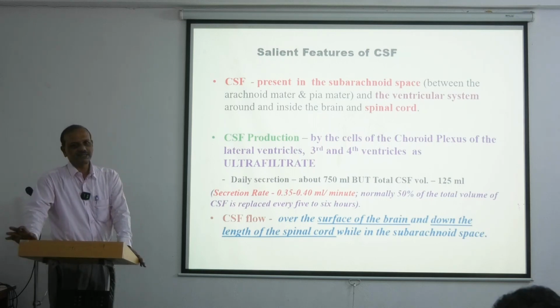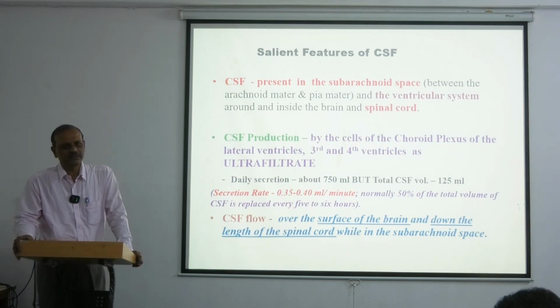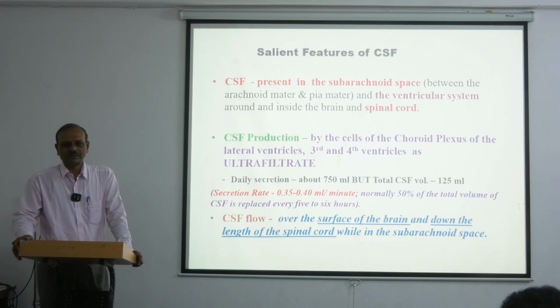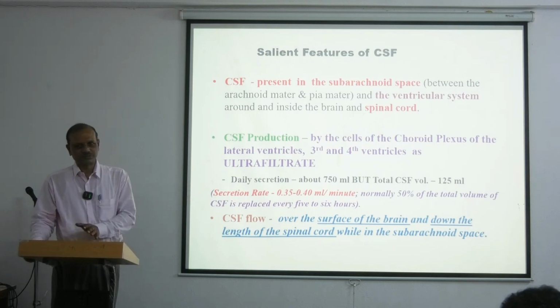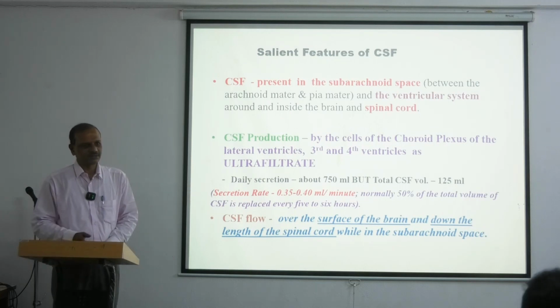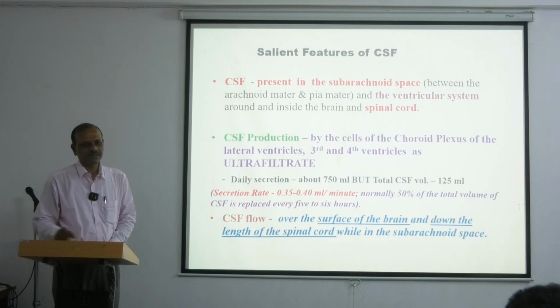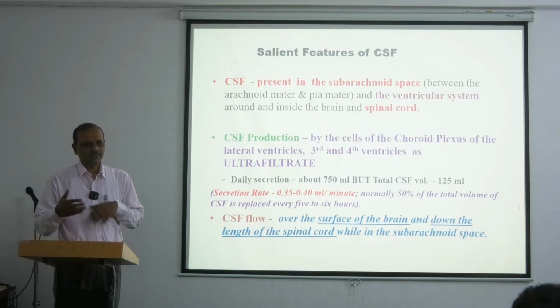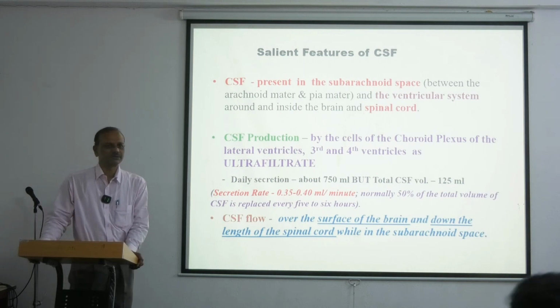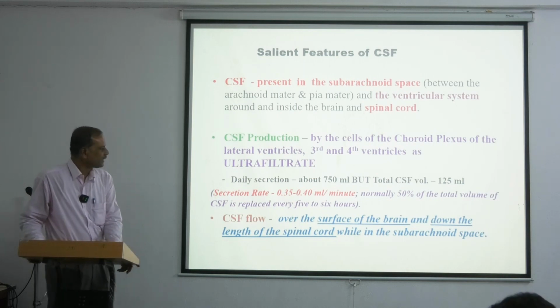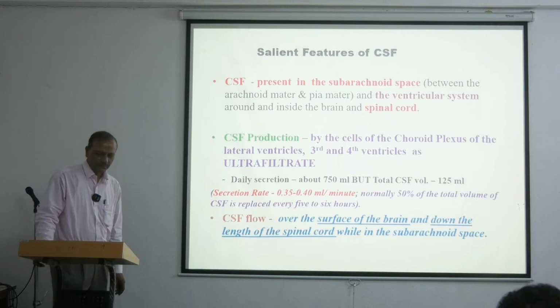Daily secretion is about 750 ml, but the total volume of CSF in an adult is about 150 ml. That means there is circulation. 750 is produced, 150 is present, so about 500 ml is getting recirculated. The CSF is almost replaced about every 5 to 6 hours.